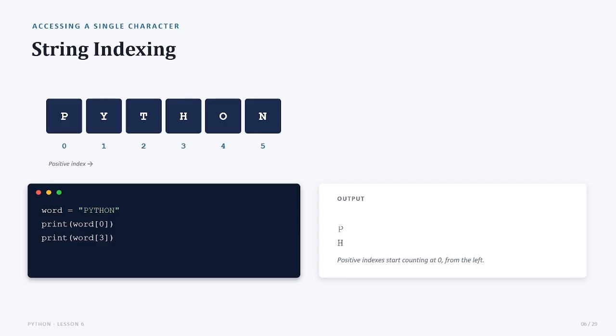We can represent its positions like this, as given on the slide. Notice something very important. Python starts counting from 0, not 1. This is extremely common in programming. So, the first character is at index 0, the second is 1, and so on.